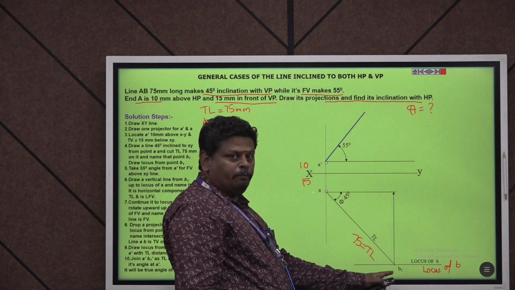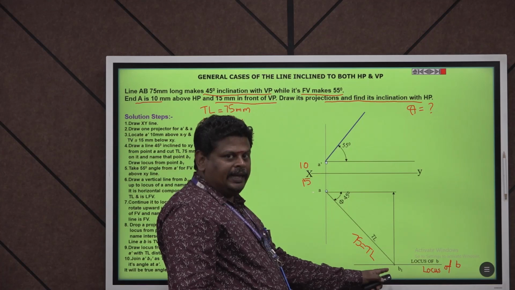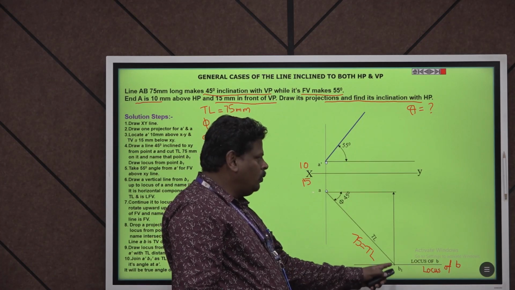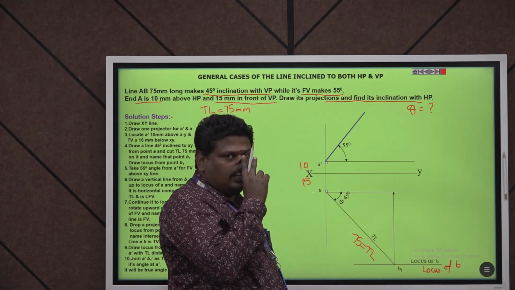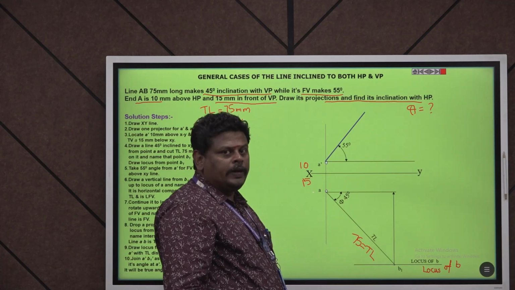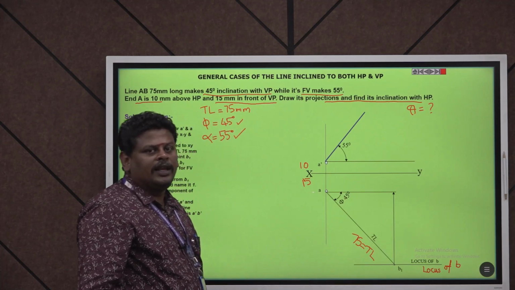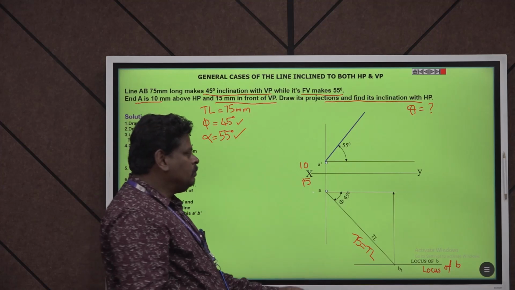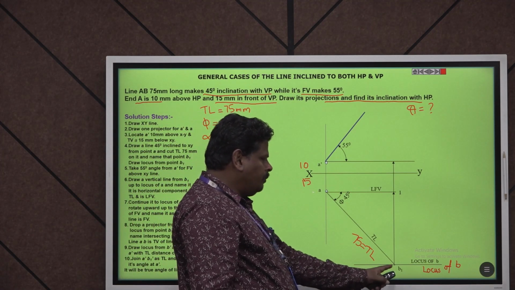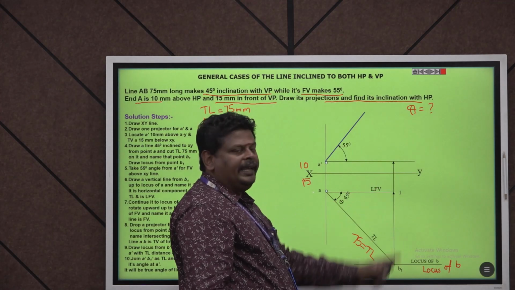And now, as I told you, we need to take the data from the top view to the front view. So from B1 we are drawing a projection line. These projection lines, vertical and horizontal, need to be very, very thin. So we are drawing a projection line from the point B1 until A dash.